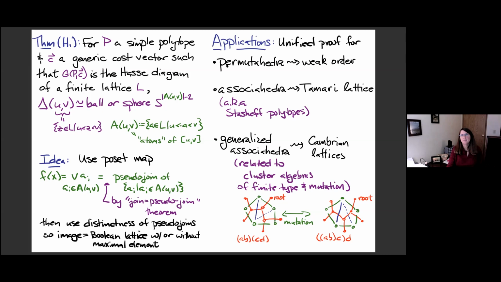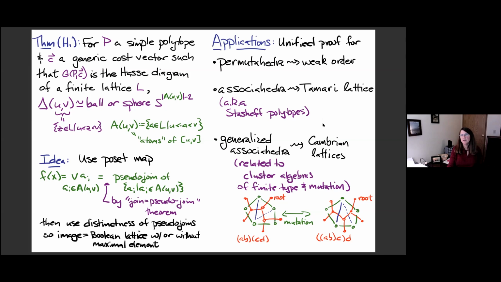As some examples, these are very special, but the permutahedra with the cost vector I mentioned, and the associahedra, and also generalized associahedra, which are related to cluster algebras, all satisfy these hypotheses. So they all will have this good non-revisiting of faces. The associated posets are the weak order, the Tamari lattice and Cambrian lattices.